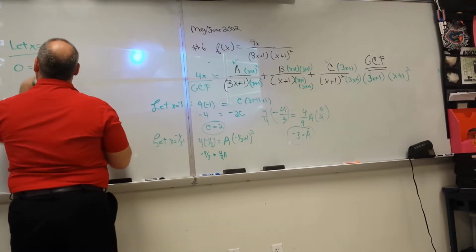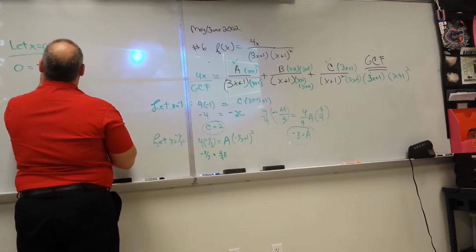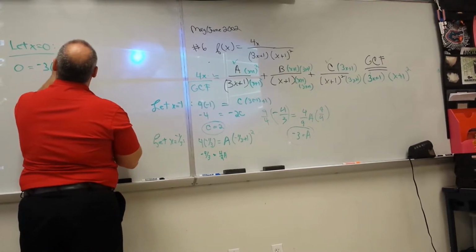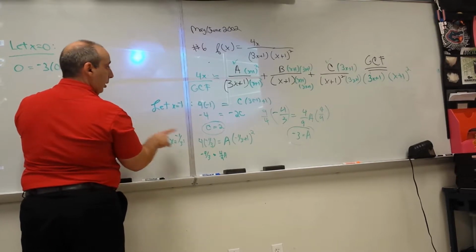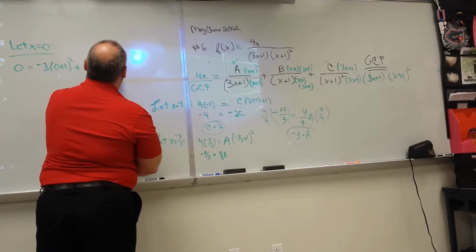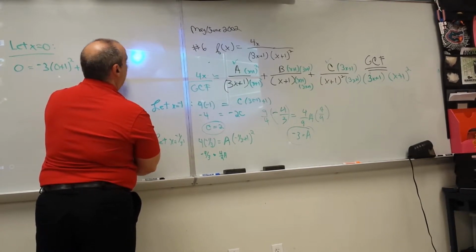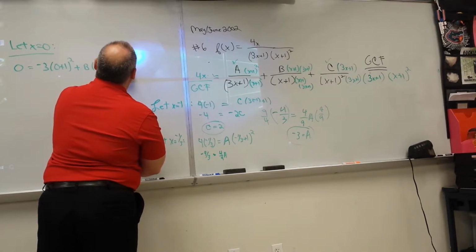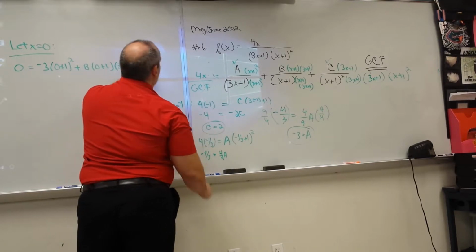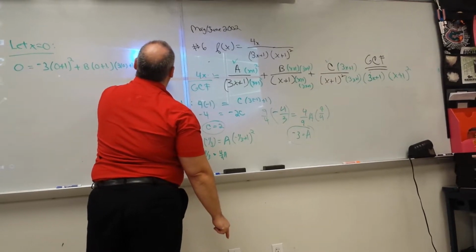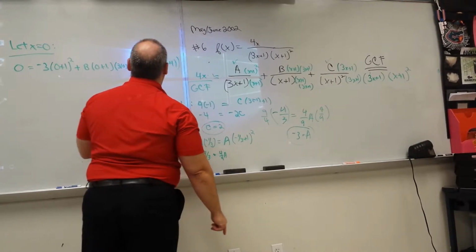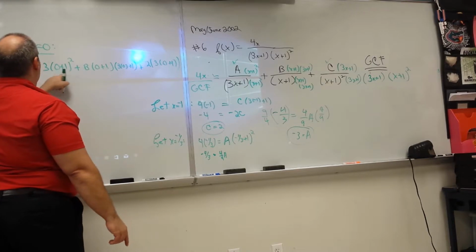We've got -3, thank you, Emily. 0 plus 1 squared, plus B times 0 plus 1, plus 2, because 2 is C, times 3 times quantity 0 plus 1. Close it here. Okay, 0. That's -3, right?